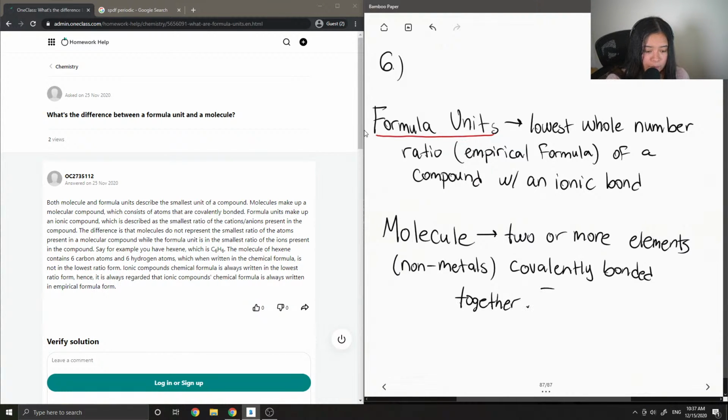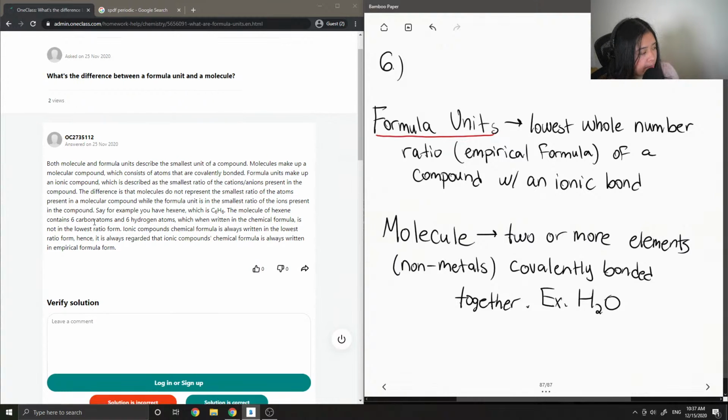So an example of a molecule is like water. Okay, so let's see what the junior tutor said.